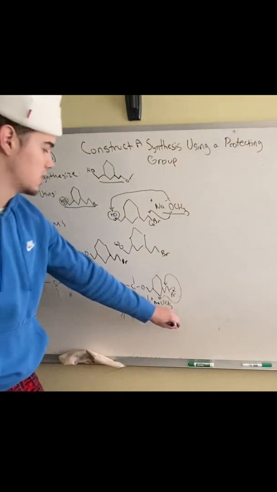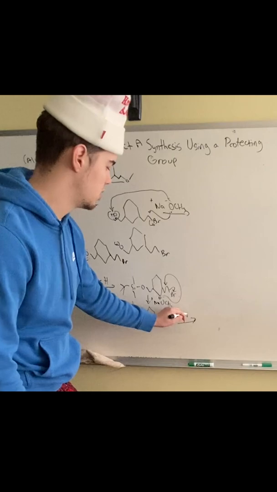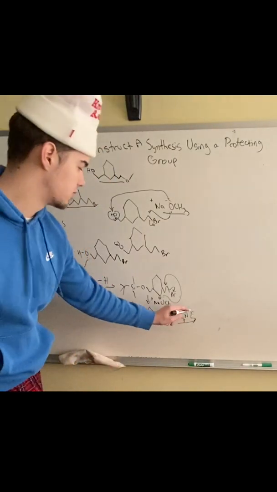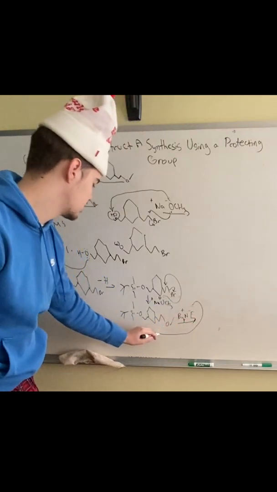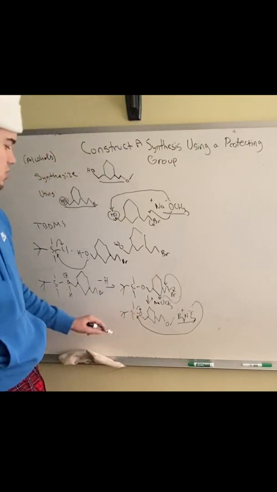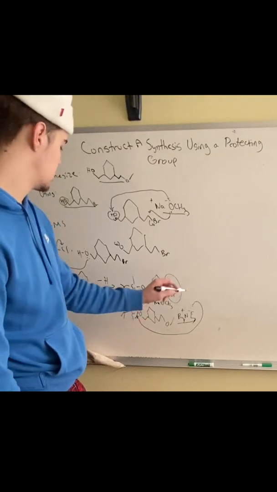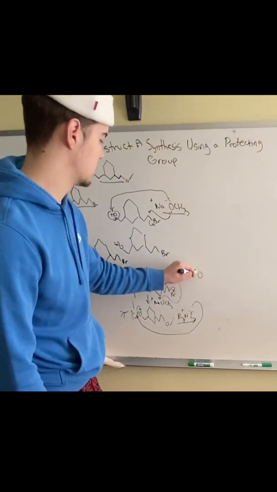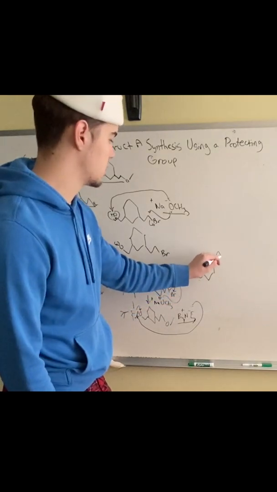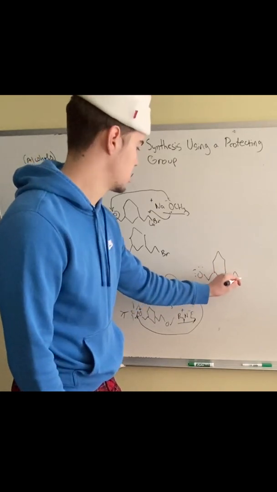To get rid of that, we can use something called Bu4NF, where the fluorine is going to end up attacking the silicon, which kicks off the oxygen. So this bond breaks, and instead we are left with a simple deprotonated alcohol, which gives us this.